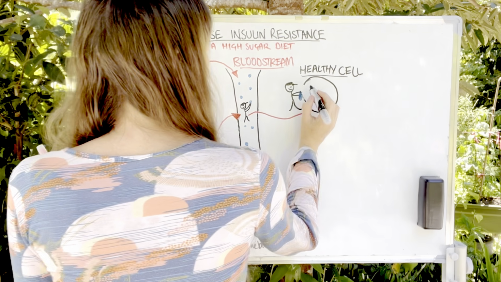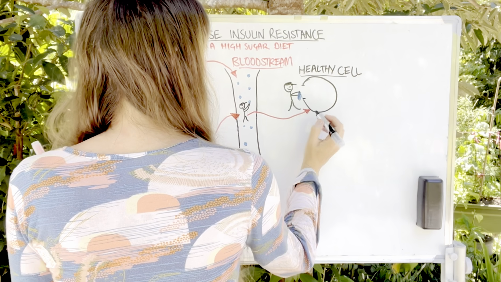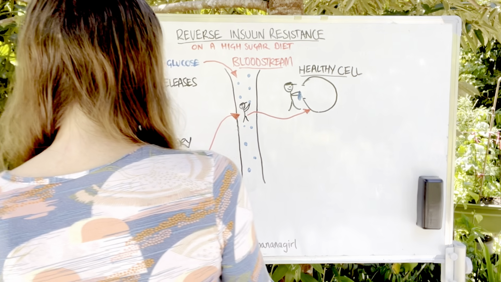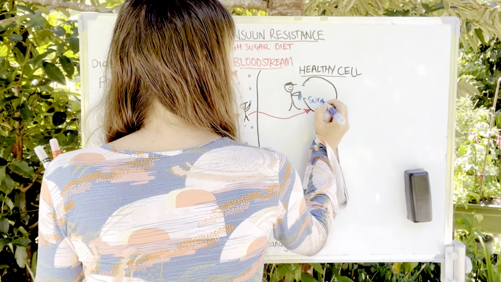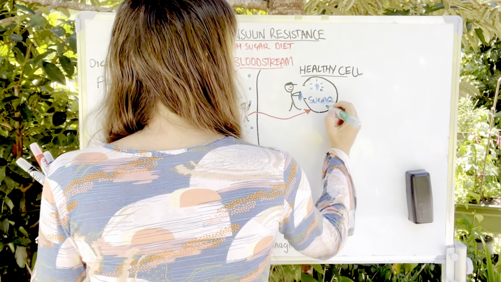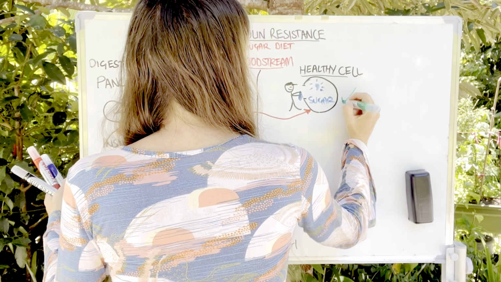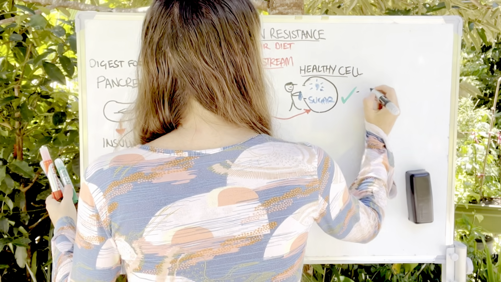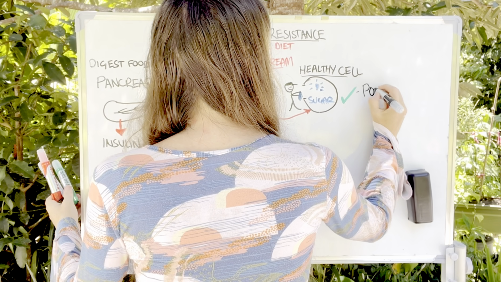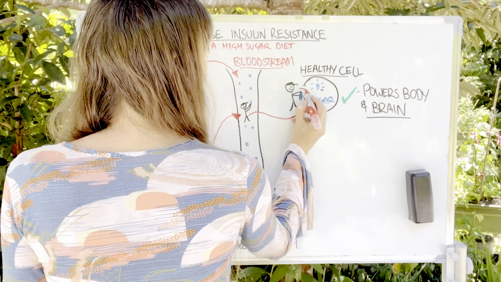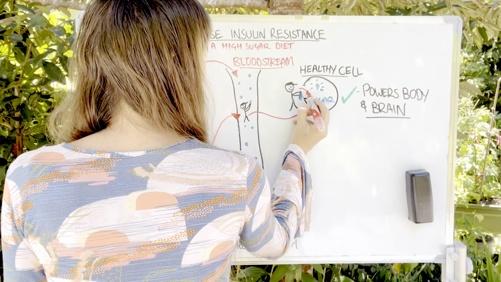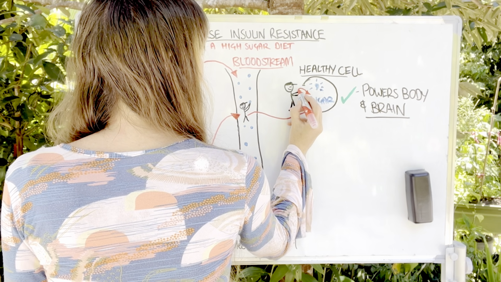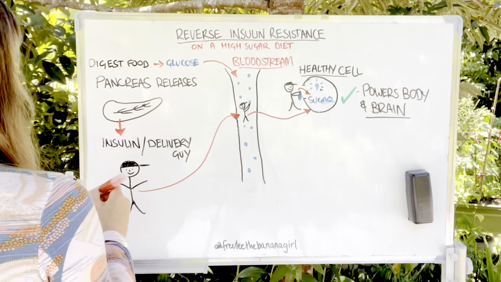There's no issues with the sugar getting into the cell. So the sugar ends up getting delivered, and the delivery is successful. It's a successful delivery, not a problem. And this sugar helps power the body and the brain. Yeah, so he has a clean delivery of his sugar parcel.